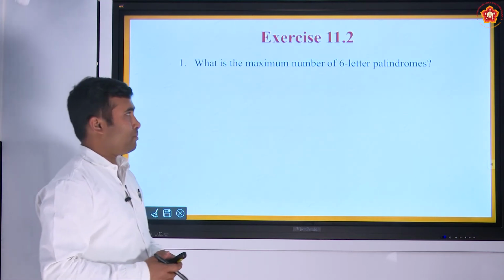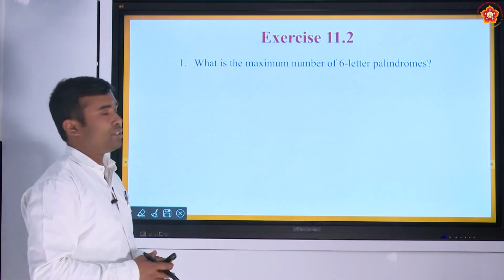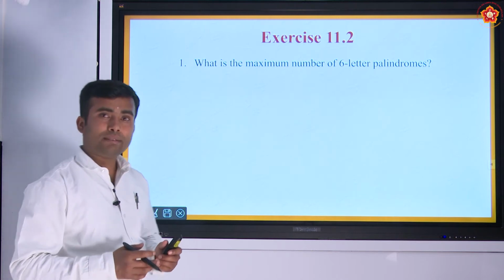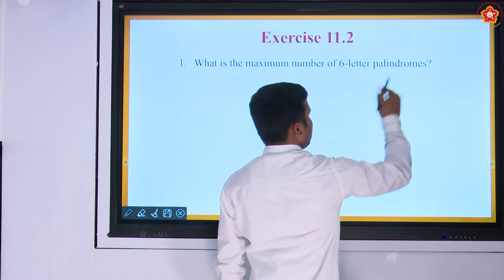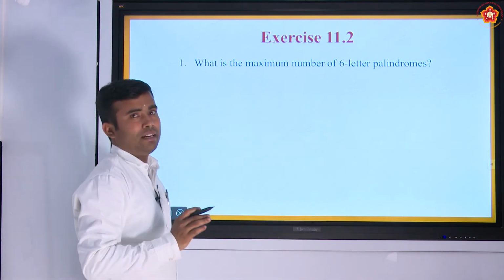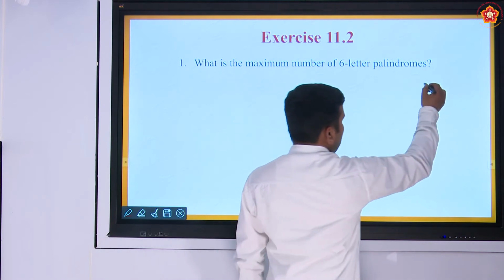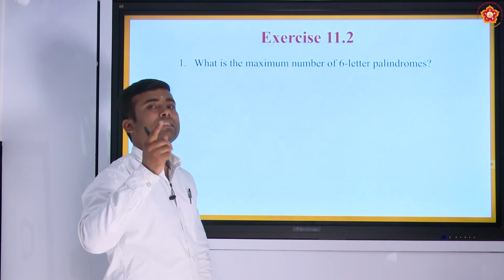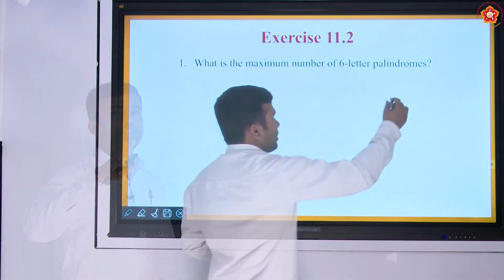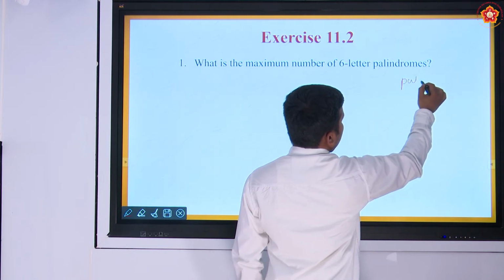What is the maximum number of 6-letter palindromes possible? The English language has 26 alphabets, right? So, with 26 letters, I need to make a 6-letter word, for example, pullup.